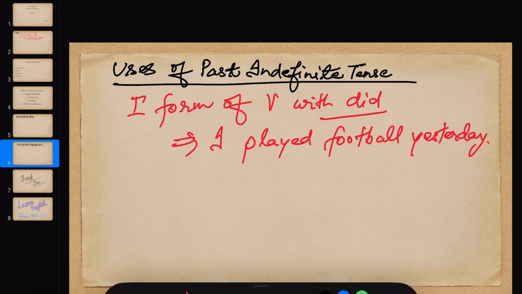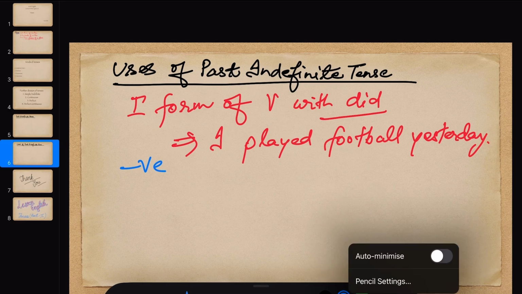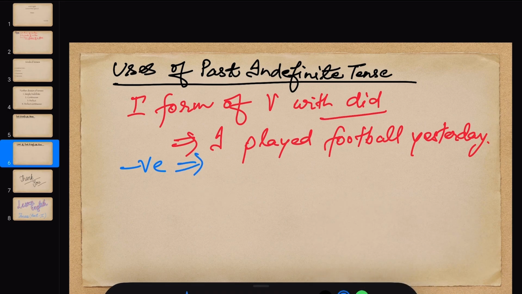Negative: I didn't or did not play. Keep an eye on that. And this, I did not play football yesterday.